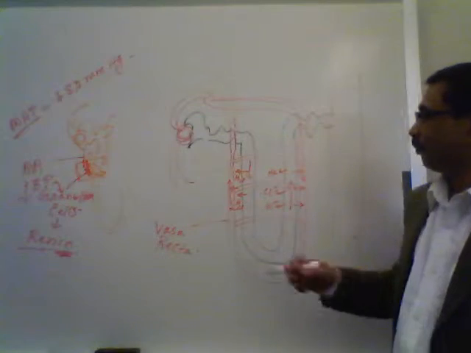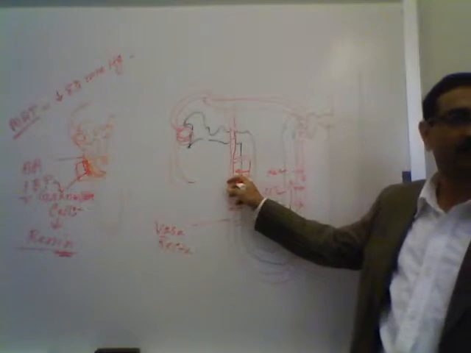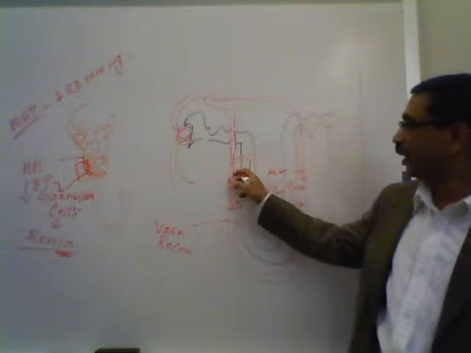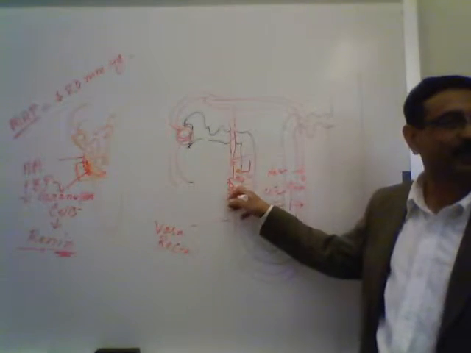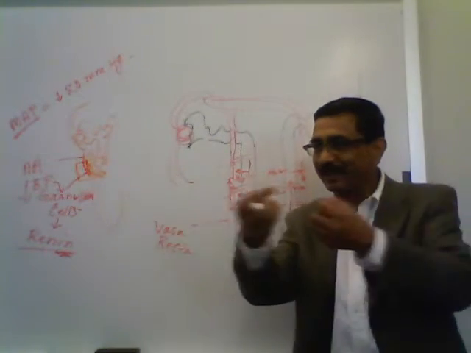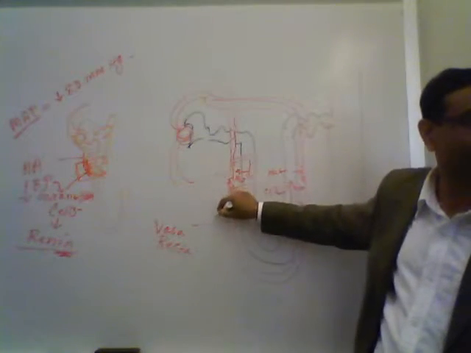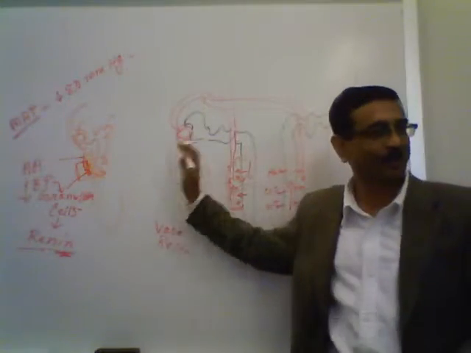It is essential because, just think, if you didn't have the vasa recta here, what will happen? Water will get out, then a lot of water will accumulate here, right? Because there is no capillary to remove it. The pressure of water will increase here, so no more water will be able to get out.